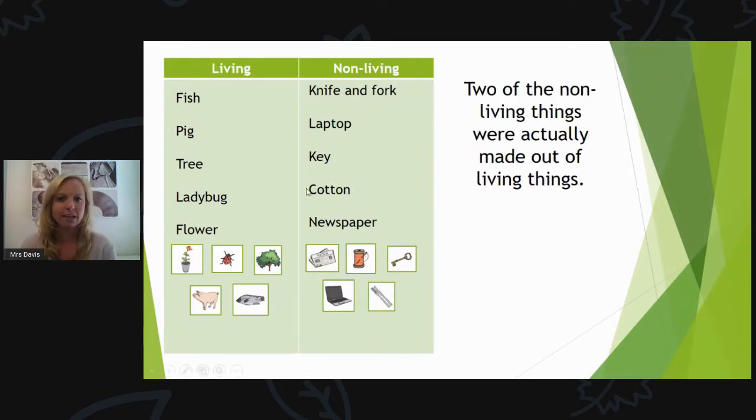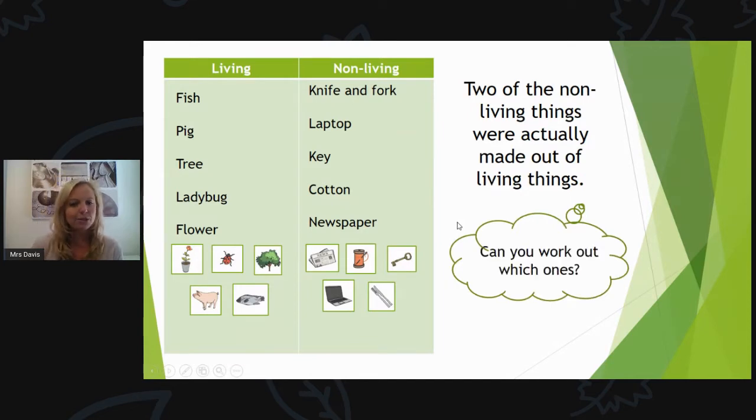Now, two of these non-living things in this column here were actually made out of living things. Can you work out which ones? Which ones actually were made from things that were living? They're not living now, but they were living. One of them is the newspaper, because paper is made from trees, and trees, we know, are living things.